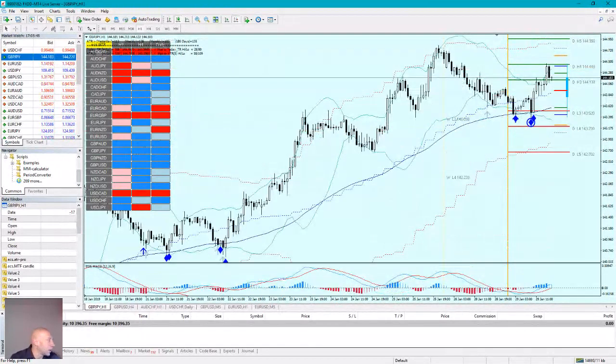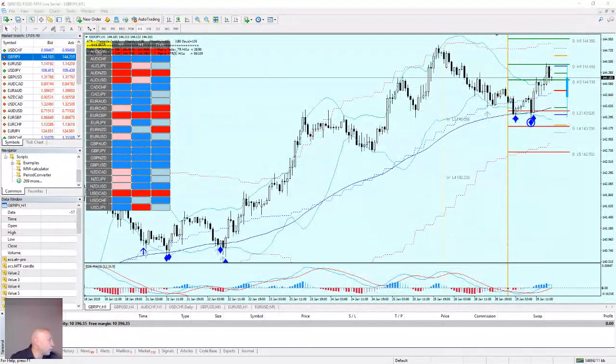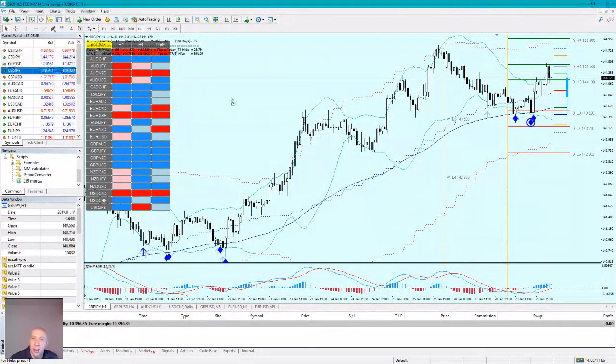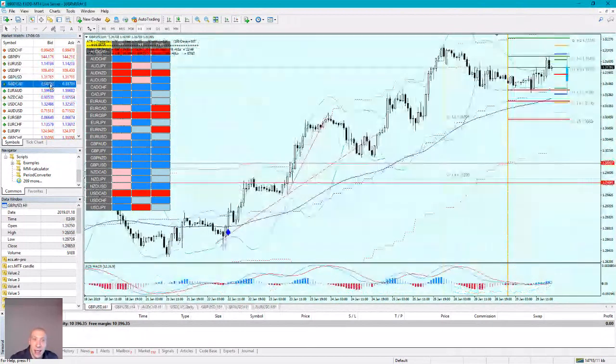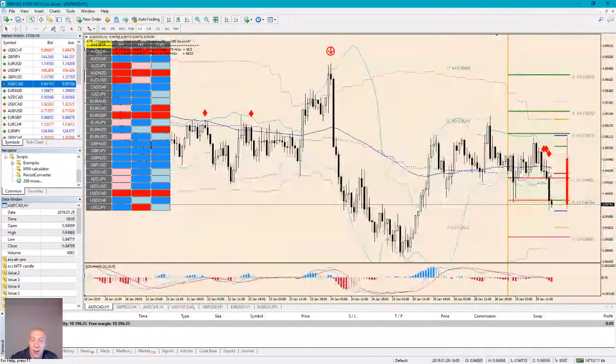Other than that, I'm just following my triple monitor setup here, following if we can have some trades, but unfortunately no trades at this time. We don't have any potential trades. I said this was a good setup, but it happened 20 minutes ago.